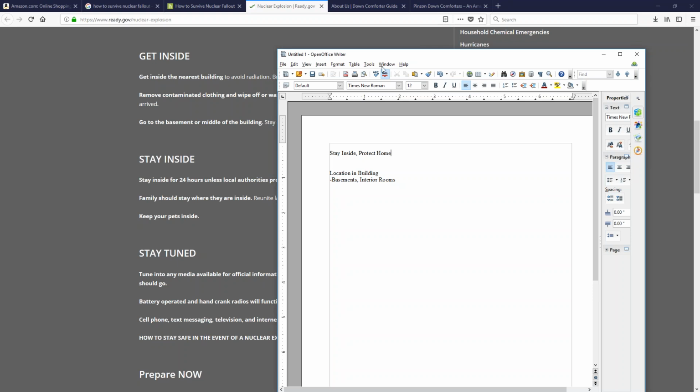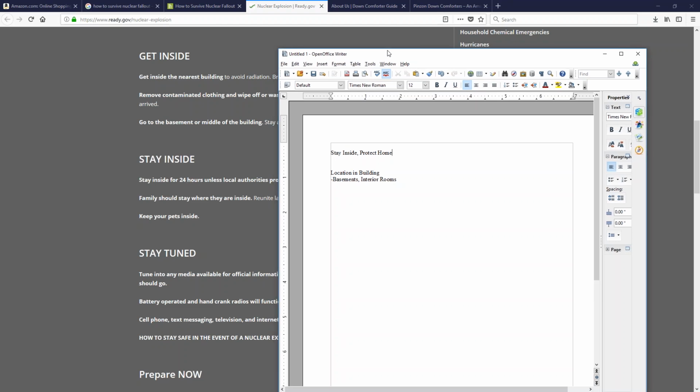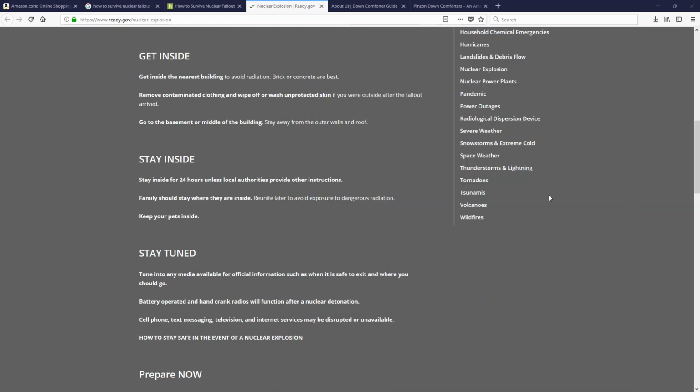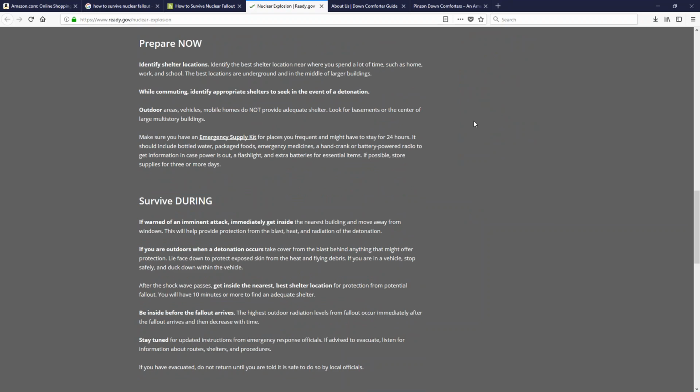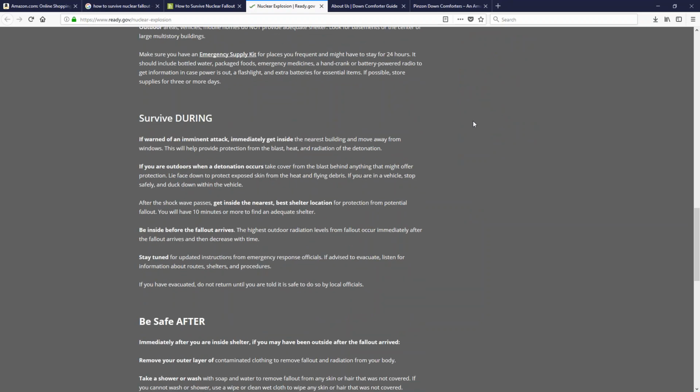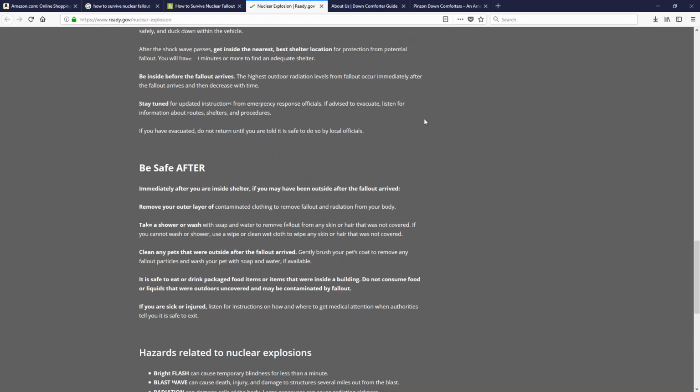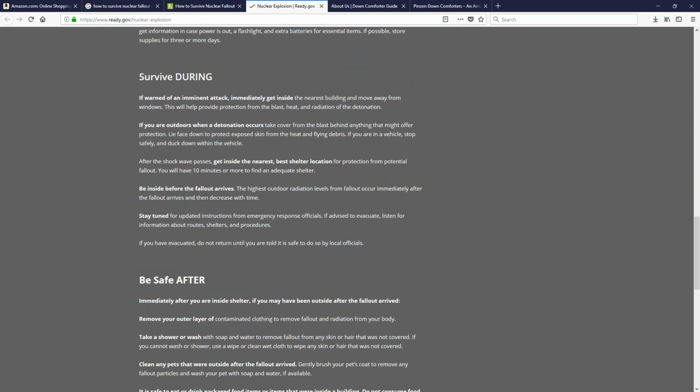So one option could be just to stay put and protect where you are. Another could be to flee to a nearby location that would offer a lot more protection. Obviously, being prepared is a big one.